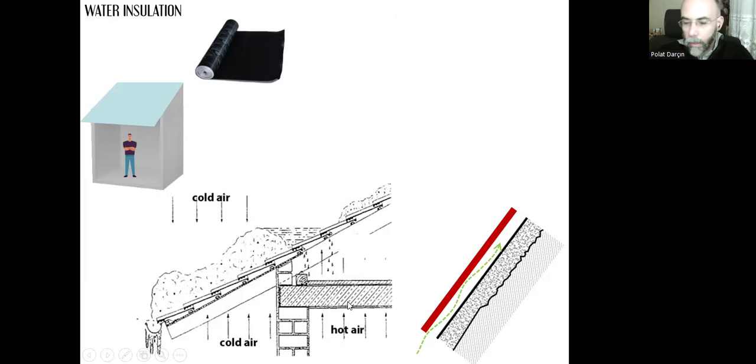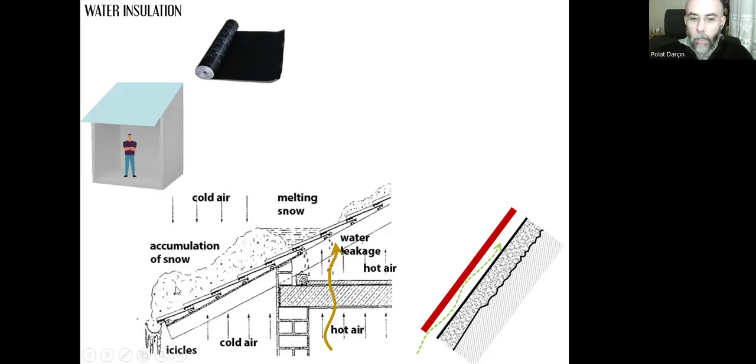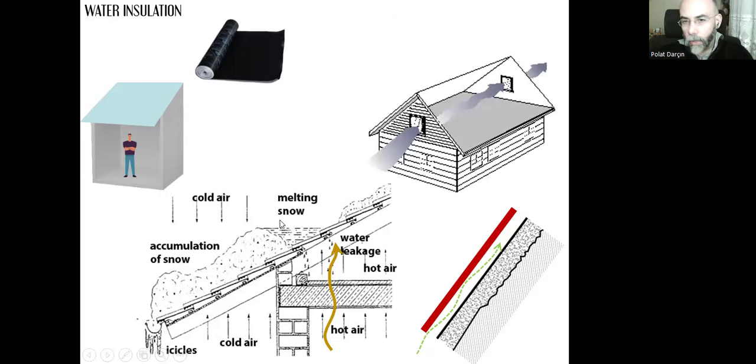And this hot air and water vapor can pass through the porous substances. It can cause the snow to melt at this level. Once it's accumulated towards the eave, it will refreeze again. And this can cause water leakage due to accumulation of snow at this eave part. The icicles can be formed, and it can be dangerous.